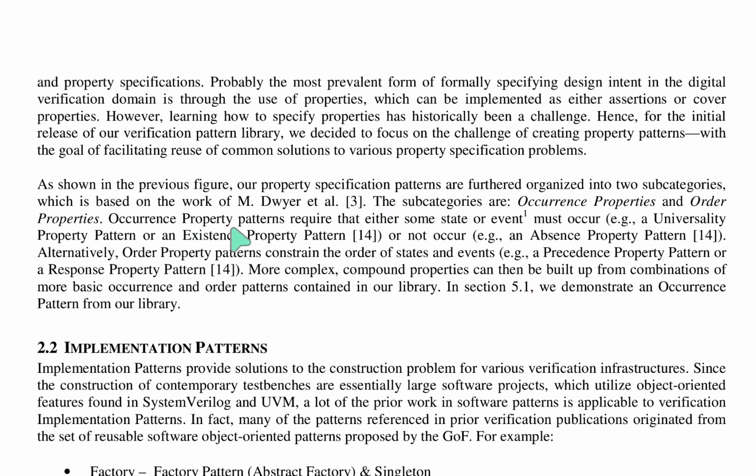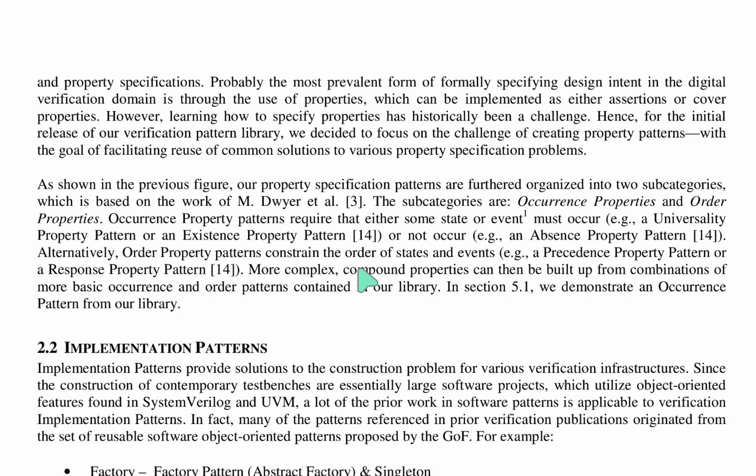The occurrence property patterns require that either some state or event must occur, for example, universality or existence property patterns, or must not occur, for example, an absence property pattern. Alternatively, order property patterns constrain the order of states and events, such as precedence property patterns or response property patterns.